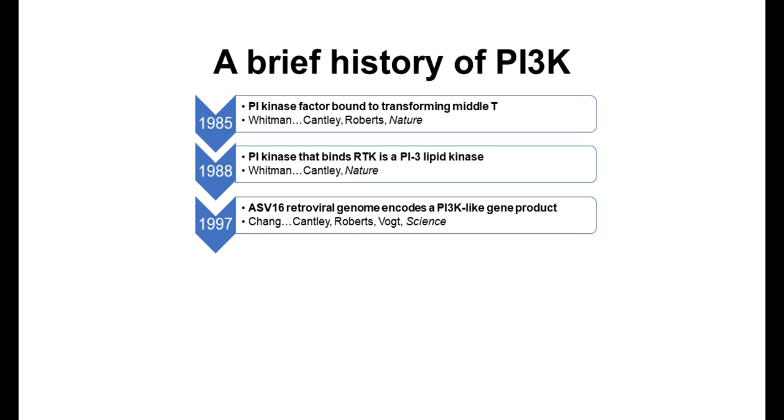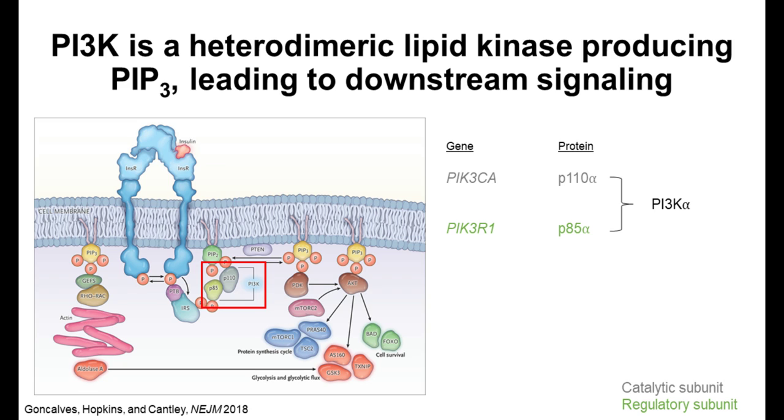Now, at the time, this was quite novel because kinases up until then had been reported to phosphorylate proteins, and this was a lipid kinase, phosphorylating lipids. Later, it was found that the PI3 kinase gene product, or one of the PI3 kinase gene products, was similar to a product found in a retroviral oncogene derived from birds called ASC16.